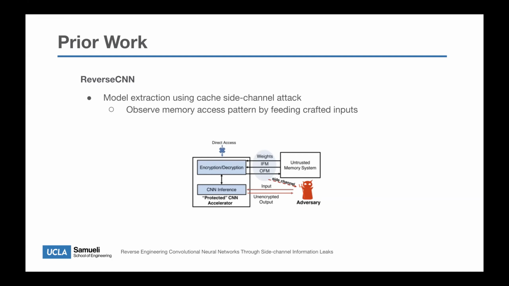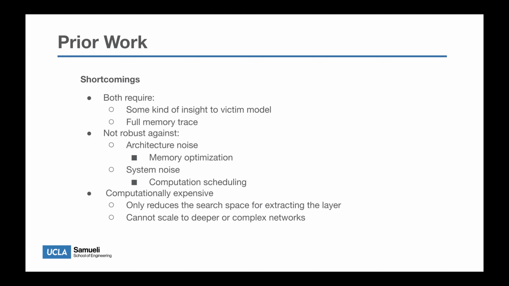So there are some shortcomings with both of these prior works. They both require some kind of insight into the victim model that they're going to attack, and they both require the full memory trace, which could be really computationally and data intensive. It's also not robust. For example, there could be architectural noise: on different hardware, there could be different types of optimizations employed, such as memory optimization.